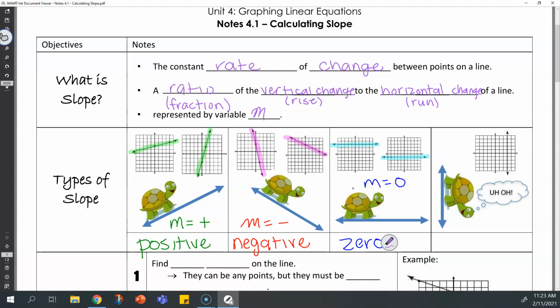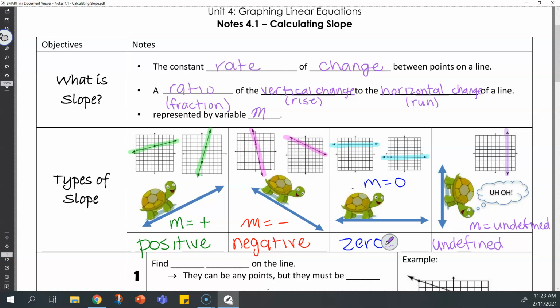Similarly, when I have a straight up and down line or a vertical line, vertical lines have a really special slope called an undefined slope. When you calculate the slope, you will actually find that m is undefined.